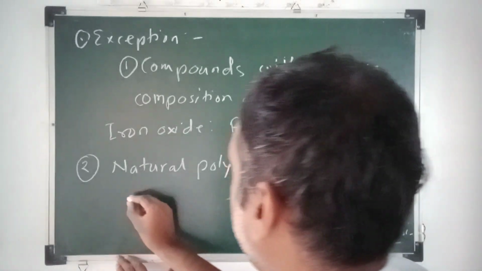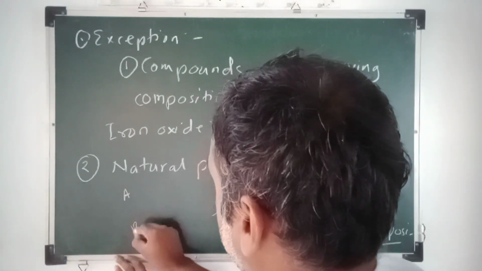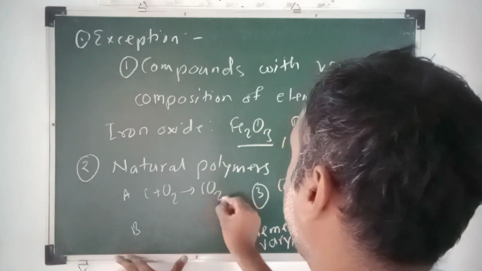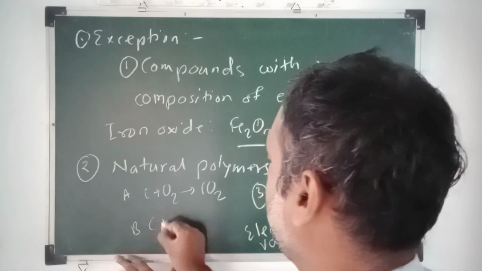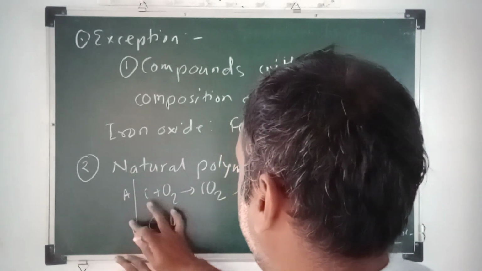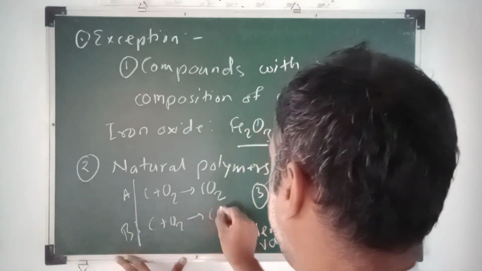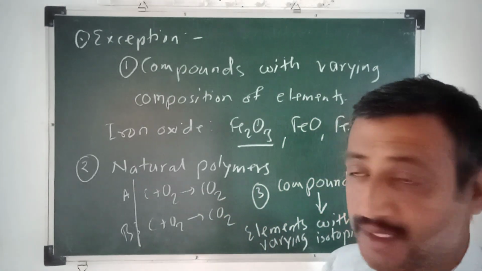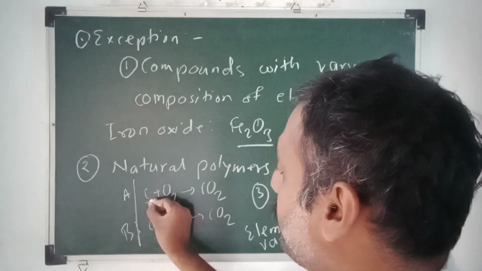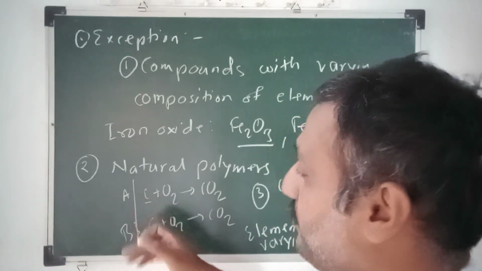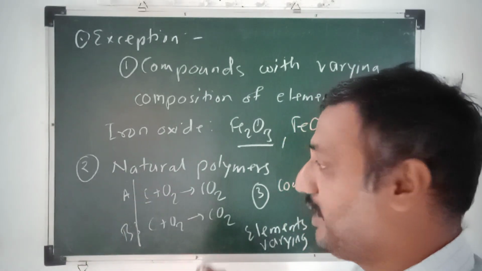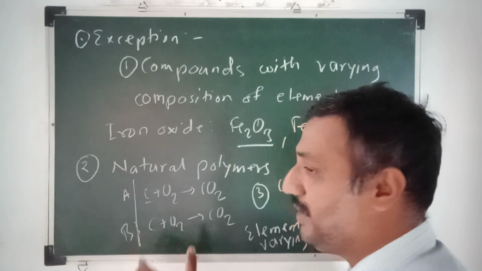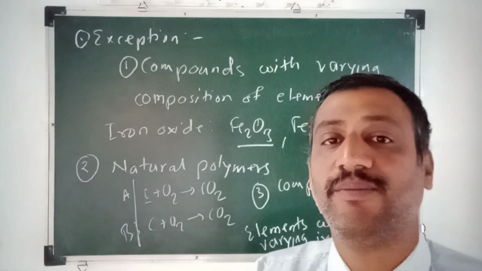For example, there is one student A and another student B. Student A carries out the combustion of carbon and produces carbon dioxide. Student B also carries out the combustion of carbon and produces carbon dioxide. One may say that the carbon to oxygen proportion in carbon dioxide is fixed, but the proportion of C12, C13, C14 that student A has, student B may not have the same proportion.